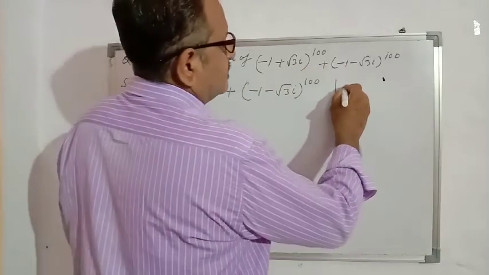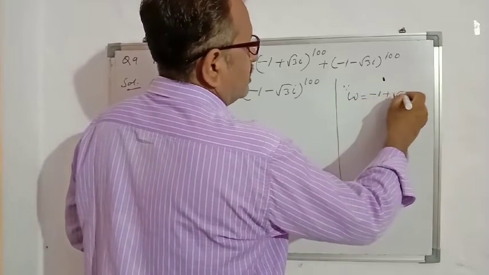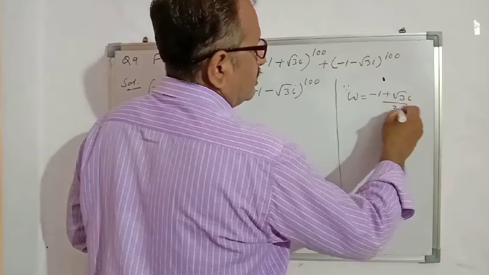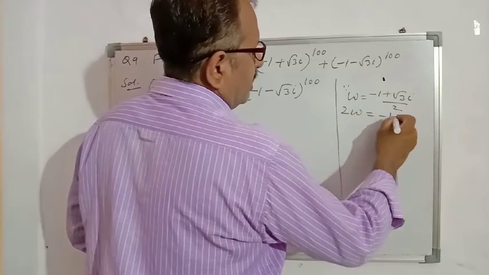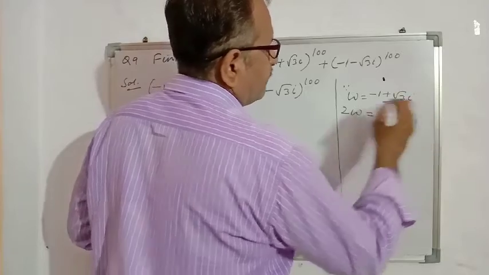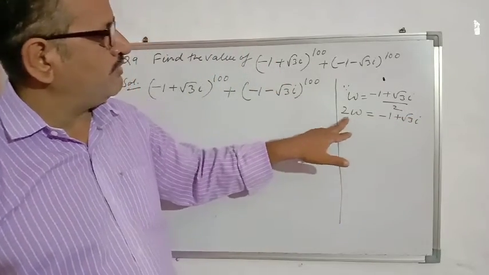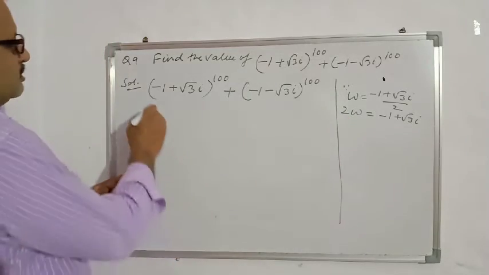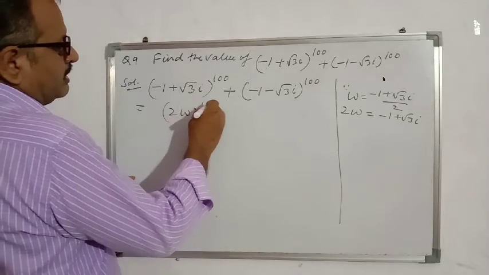We know that omega is equal to (minus 1 plus root 3i) by 2, cross multiply. So 2 omega will be minus 1 plus root 3i. In place of minus 1 plus root 3i, we will put 2 omega. So right here (2 omega) to the power 100.